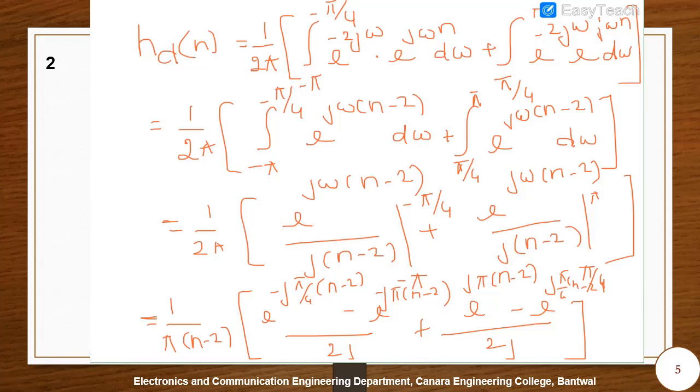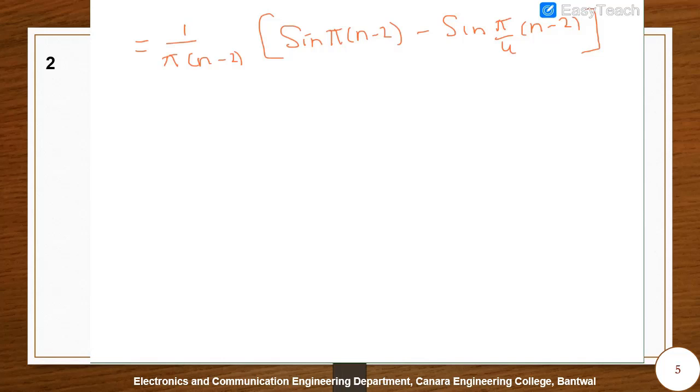On simplifying this, we are going to get this as 1 by pi (n minus 2) times sine of pi (n minus 2) minus sine pi by 4 (n minus 2) for all values of n except n is equal to 2. So it is valid for all the values of n except n equal to 2.